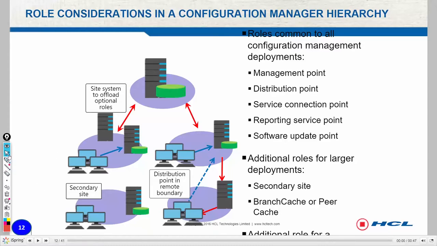For example, this is my primary site, and this is my secondary site. With the distribution point, you can distribute the content to your secondary site also, and from this secondary server, from the distribution point, the machines will be receiving the content.